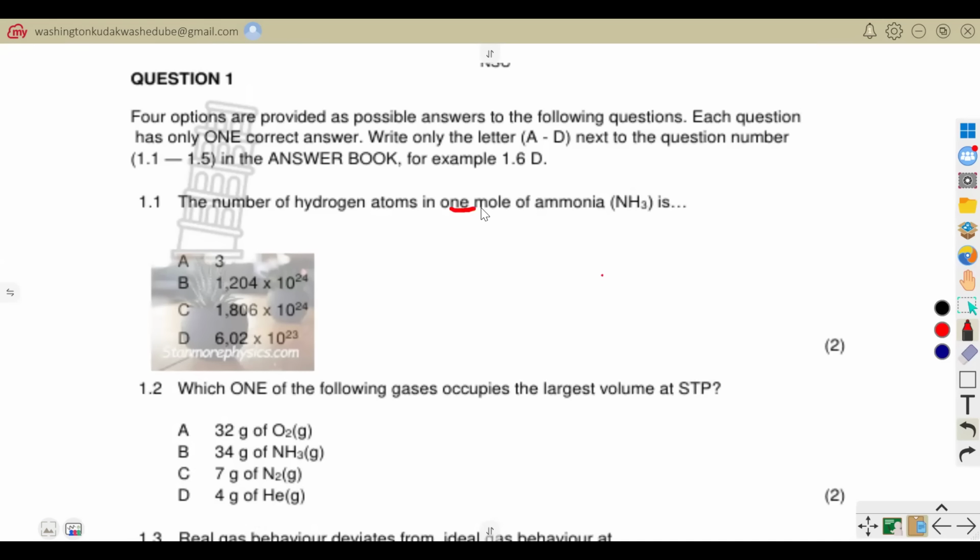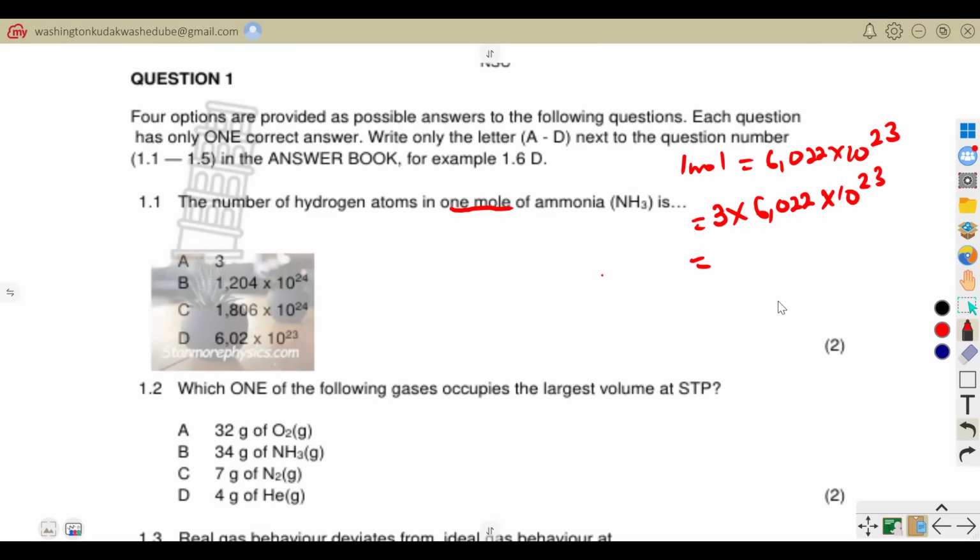So the keyword to underline there is 1 mole. We know that in 1 mole, we have got 6.022 times 10 to the power 23 atoms. In terms of our mole ratio, how many moles are equivalent to hydrogen? There are 3. So to find the number of atoms of hydrogen in 1 mole of ammonia, you would say 3 times 6.022 times 10 to the power 23.